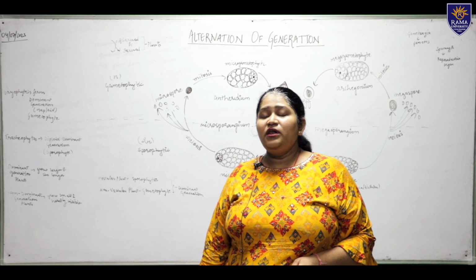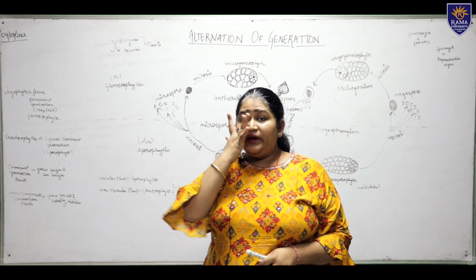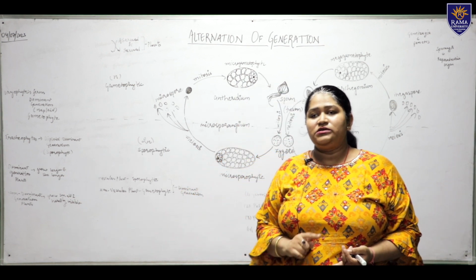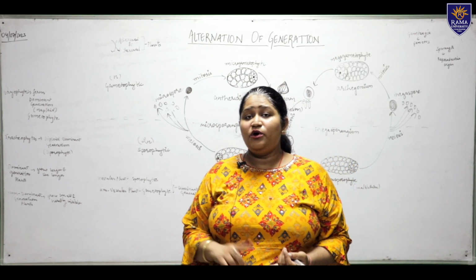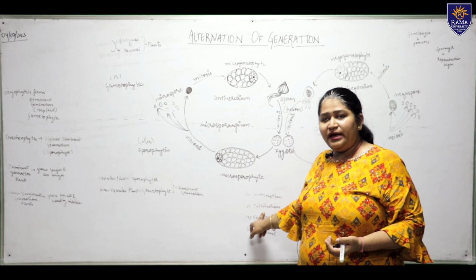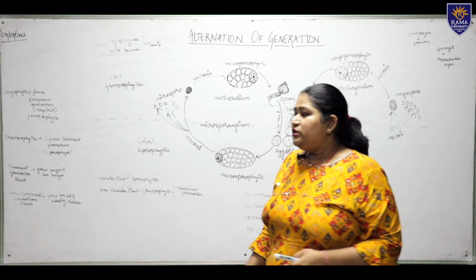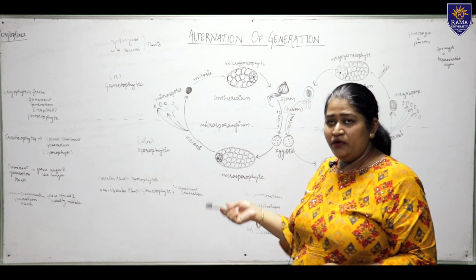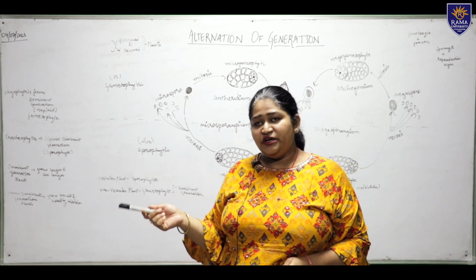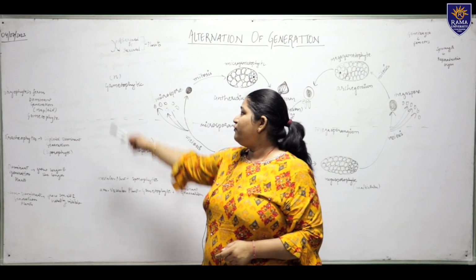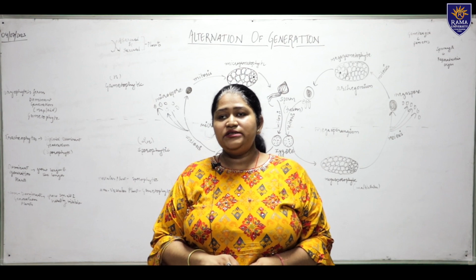Seed dispersal can be from one plant to another through air, wind, insects and also by animals, because the pollen is transferred by air and insects, but seeds are transferred by animals and air. So this whole process of formation of gametes and spores is known as alternation of generation, where the number of chromosomes varies from N to 2N. So I end my lecture with this. Thank you very much.